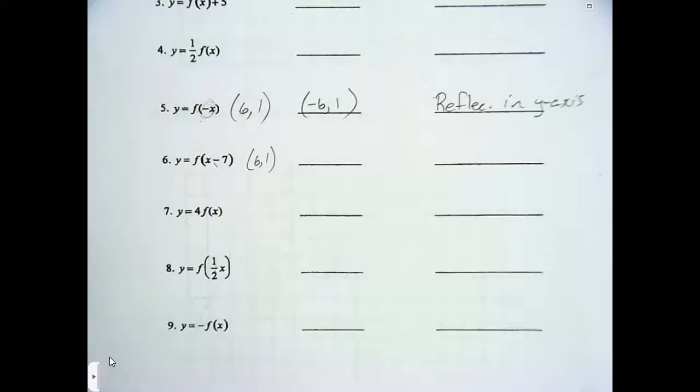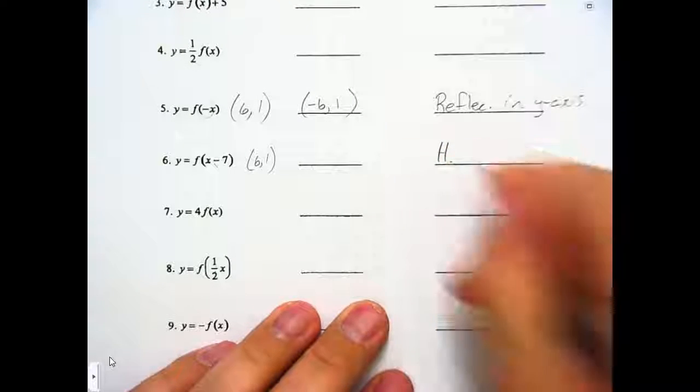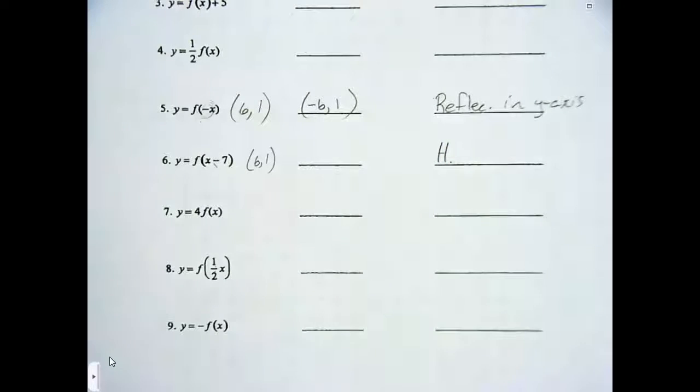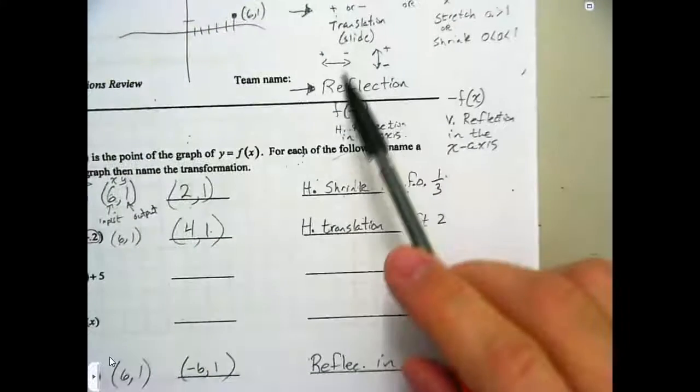Okay, vertical or horizontal? How many say vertical? How many say horizontal? Well done. Horizontal. How many say stretch? How many say shrink? How many say translation? Okay, let's look back up here. What are we doing? Are we adding, subtracting, or multiplying? We are subtracting.